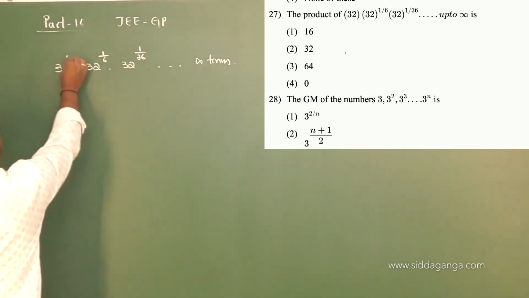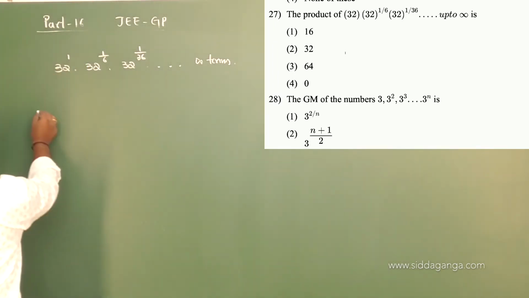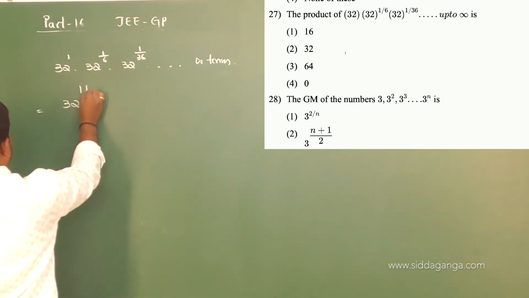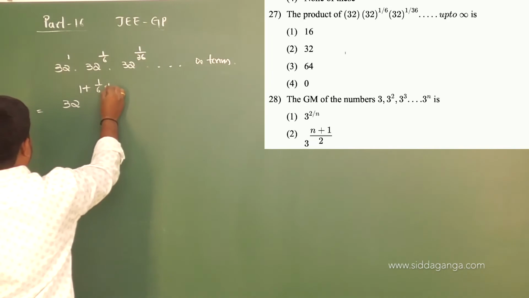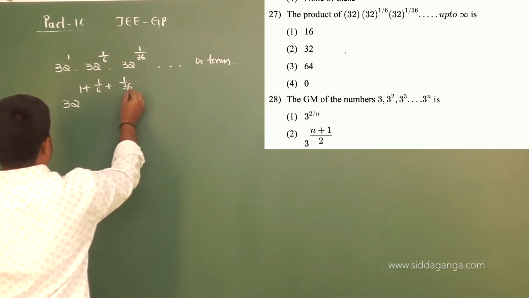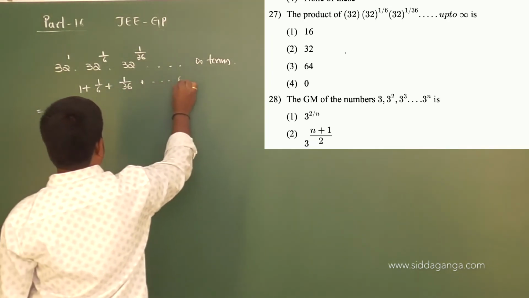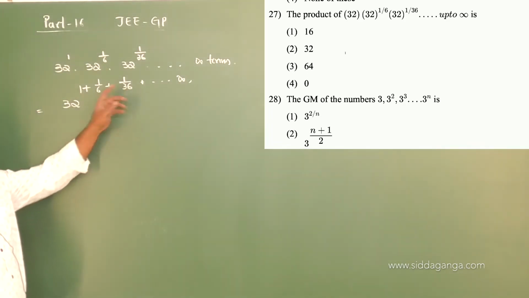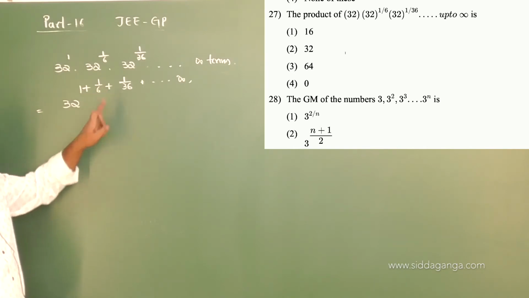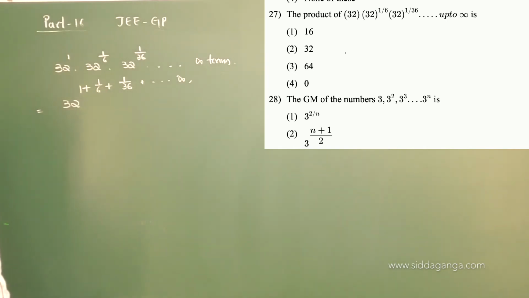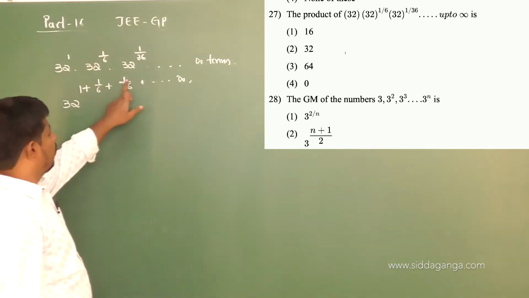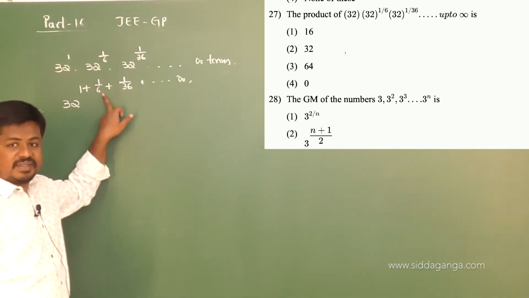Here we have 32 power of 1, right? I can write this as 32 power of 1 plus 1 by 6 plus 1 by 36, and so on to infinite terms. Yes, you can observe here, this is a geometric series with the common ratio 1 by 6 and the first term is 1, because 1 by 6 by 1 gives 1 by 6, and 1 by 36 by 1 by 6 gives 1 by 6.